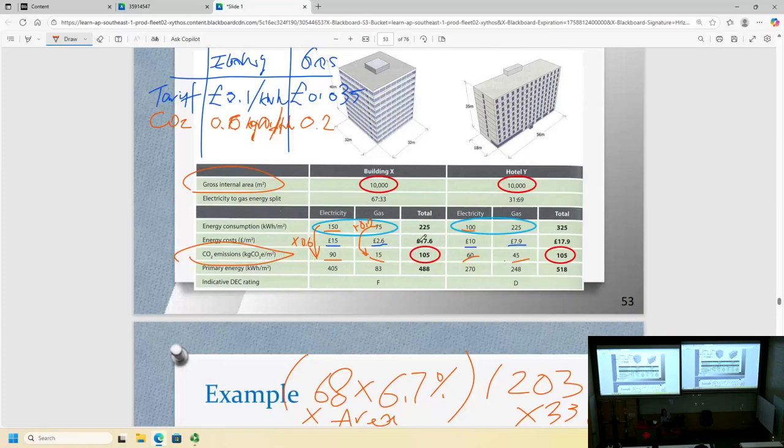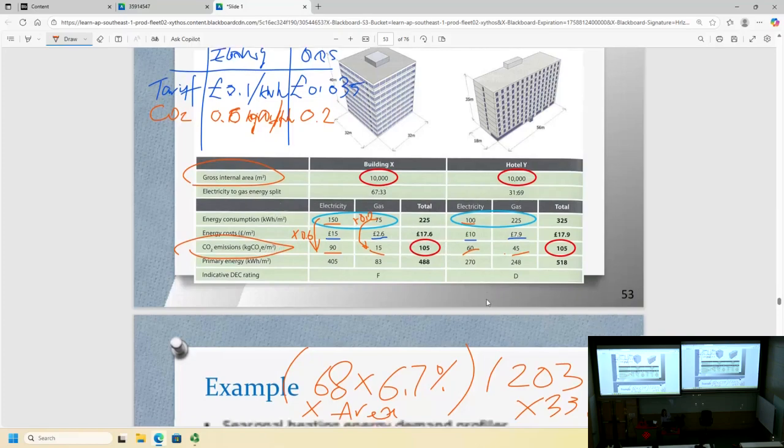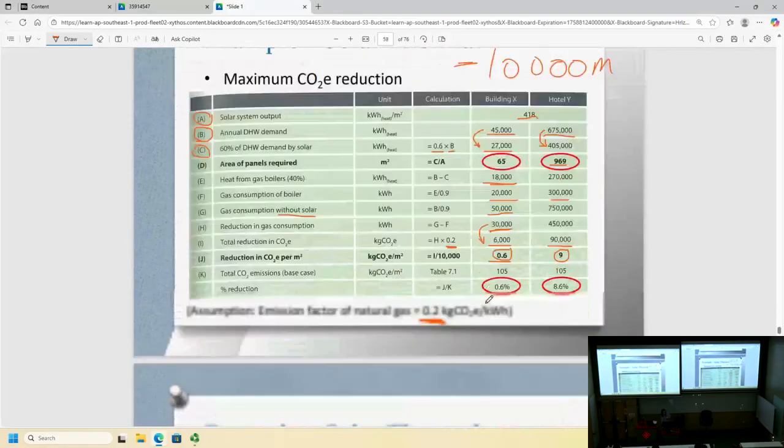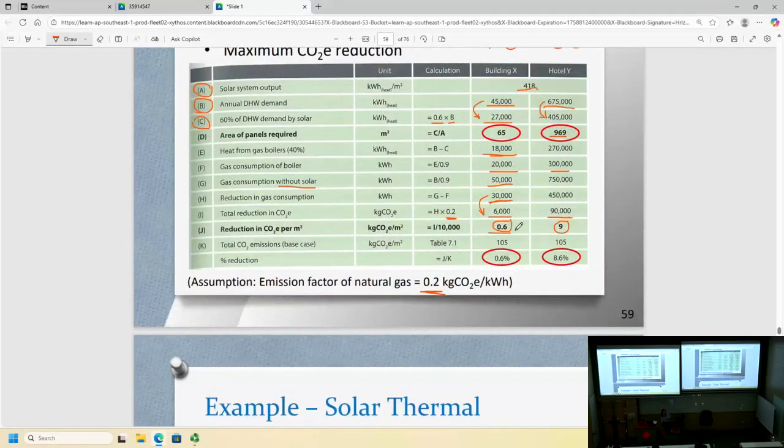So comparing to the original, now we reduce the carbon dioxide emissions by 0.6, which means the percentage is 0.6% for building X, and for hotel Y, the reduction percentage is 8.6% by installing this solar thermal collector. Okay?